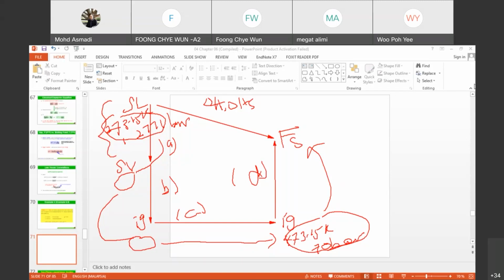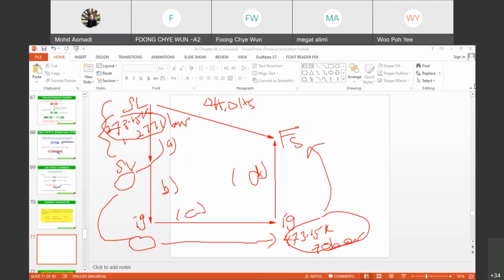Anyone? Poyi? Yes, doctor. What equation can we use from chapter 4? Change in phase. We can use the Clapeyron equation. Clapeyron, yes.